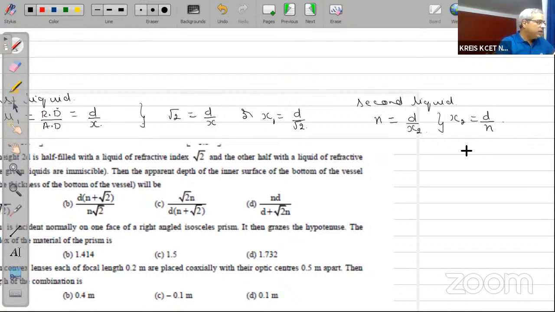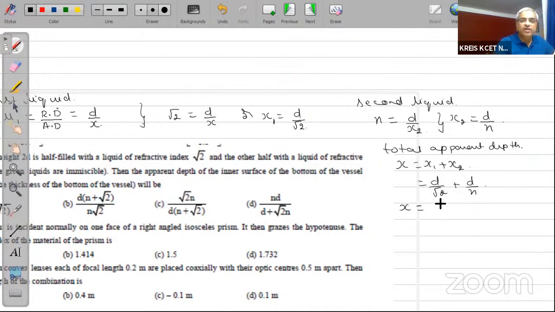Now, the total apparent depth will be equal to x1 plus x2, which will be d by √2 plus d by n. Now see how much the total apparent depth is, what can you write it as?